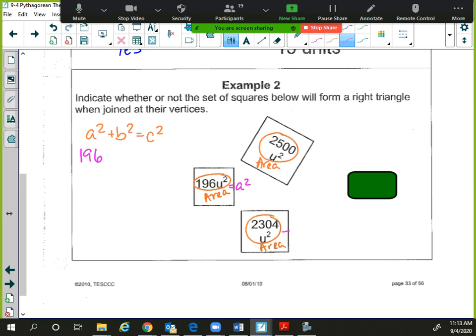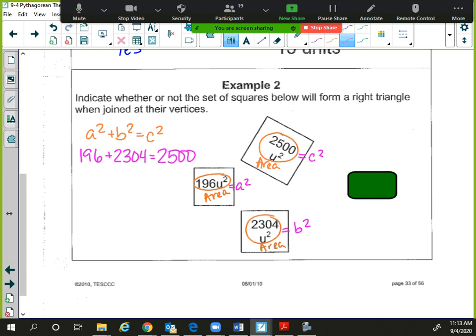My next smallest square, the area of that, is 2,304, and that is my b squared. So that's all I write into the formula. And then my last one, the biggest one, this is c squared. So I just write down 2,500. And this actually means that there's a little bit less work for us to do.